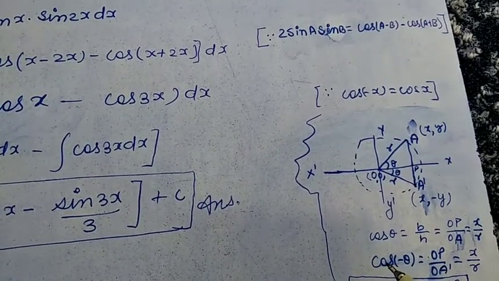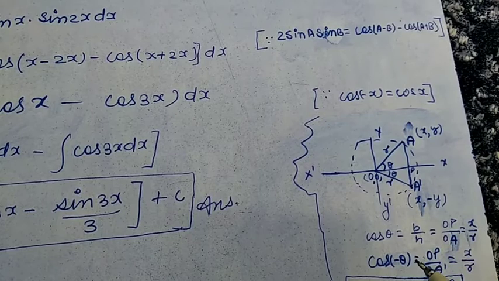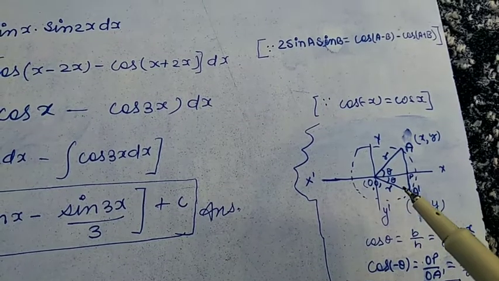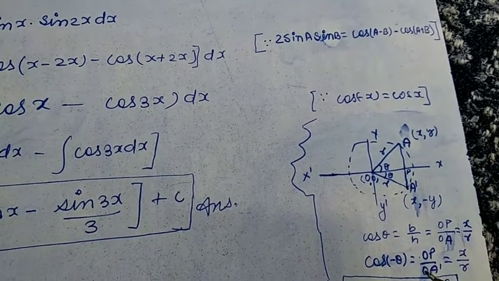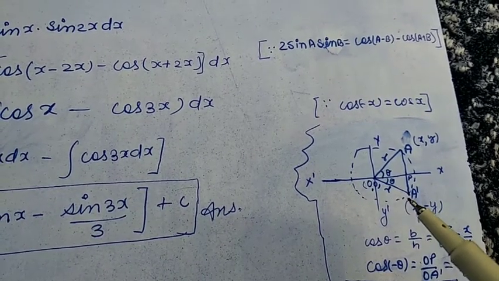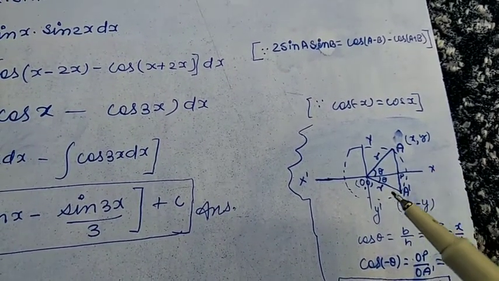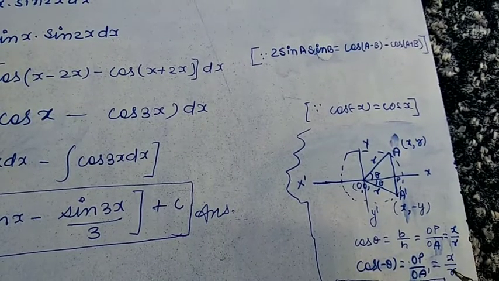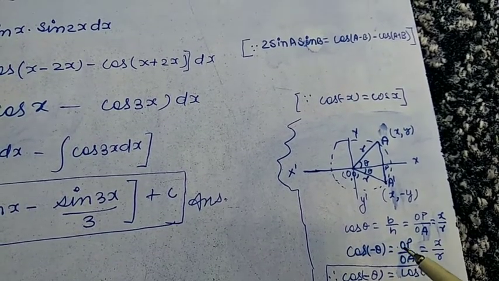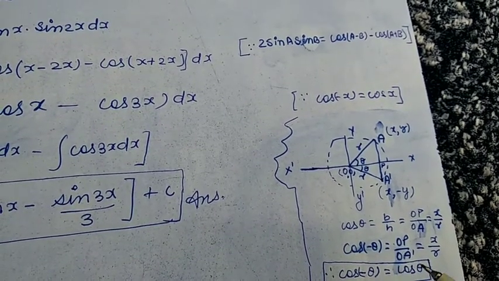Now we have to find cos of minus theta, so what can we write? Cos of minus theta is equal to b by h also. Here we have written OP, this base will be the same for both triangles, and divided by OA dash, which is R. OA dash or OA are both the same, which is equal to x upon R. So you can see here cos theta is equal to x upon R and cos of minus theta is equal to x upon R. So we can write cos of minus theta is equal to cos theta.